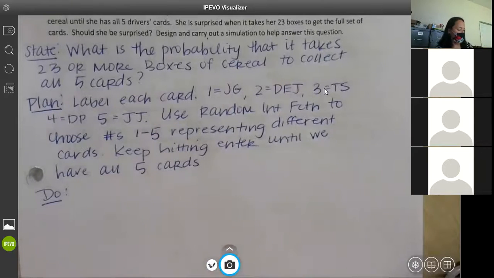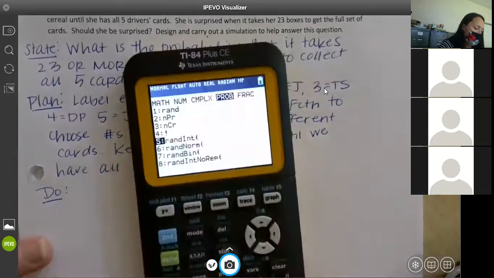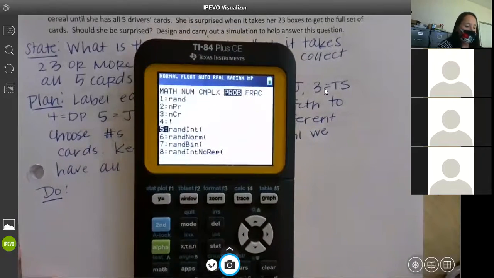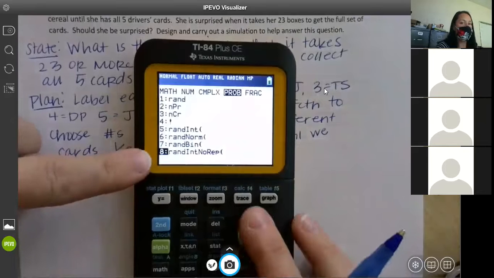All right. Remember that random number thing is under math and probability. Let me clear this out. All right. Random integer. Guys, if you look down here, they have one that's no repeats.